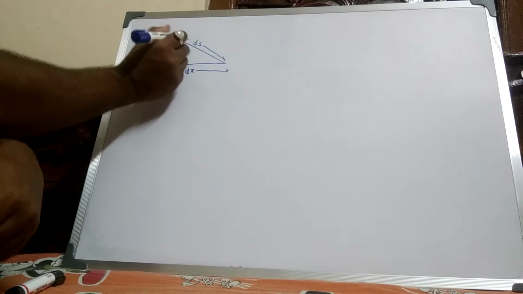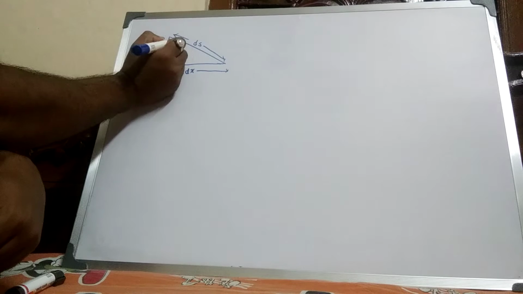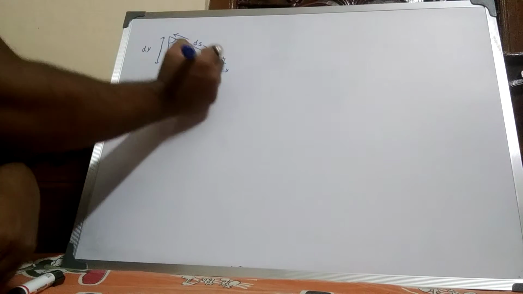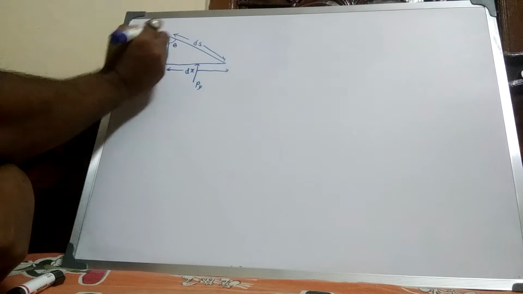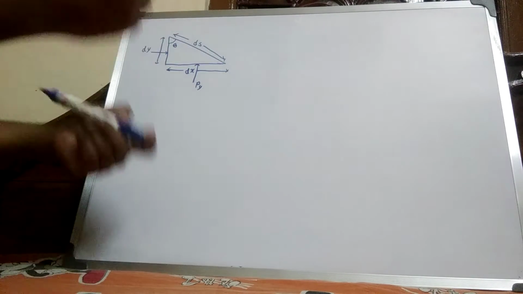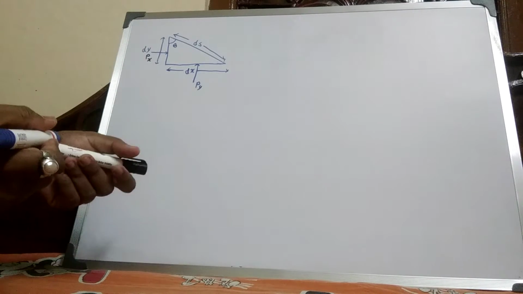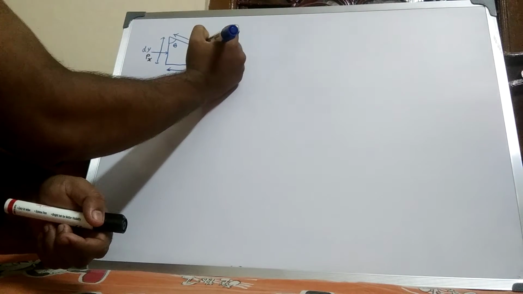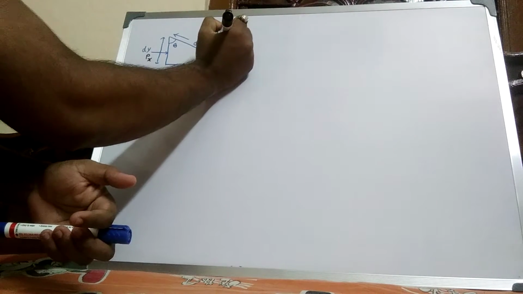This slant makes an angle theta with the vertical plane. The pressure in the y direction is py, the pressure in the x direction is px, and the pressure normal to the slant is, suppose, ps.